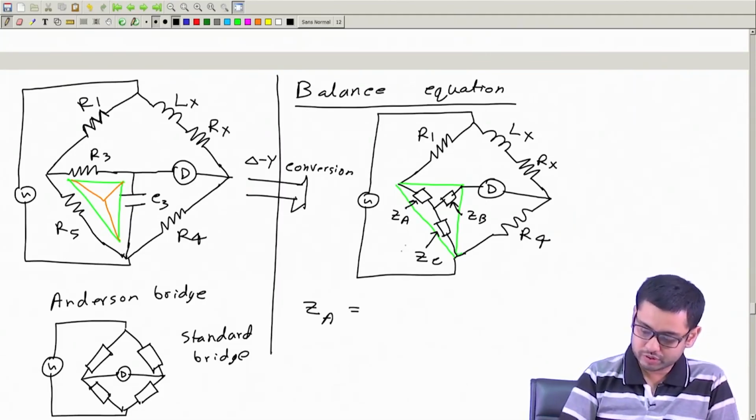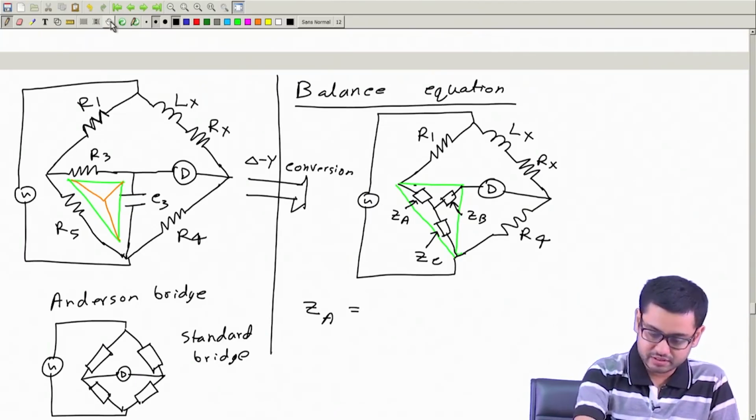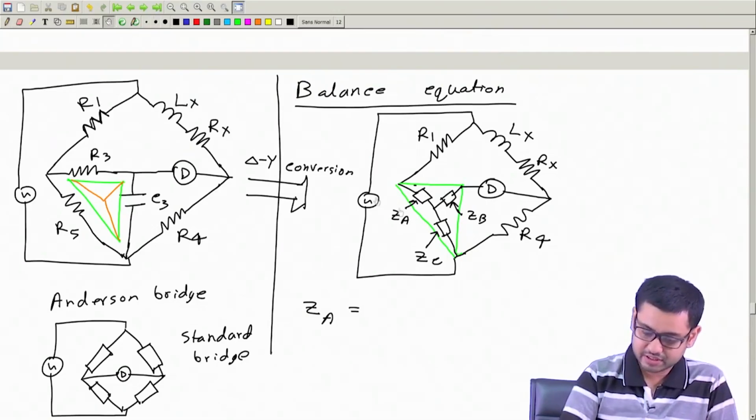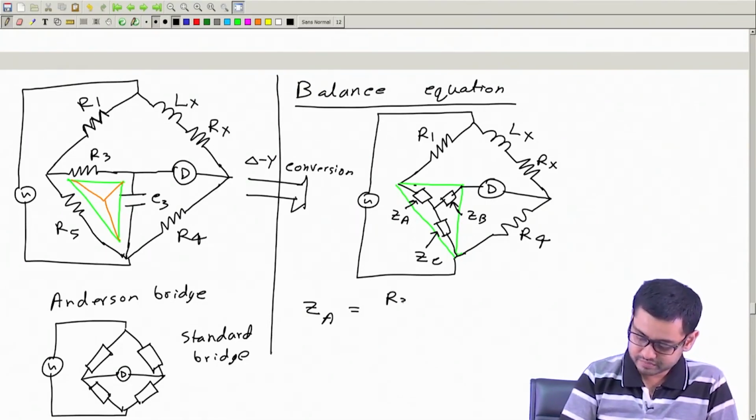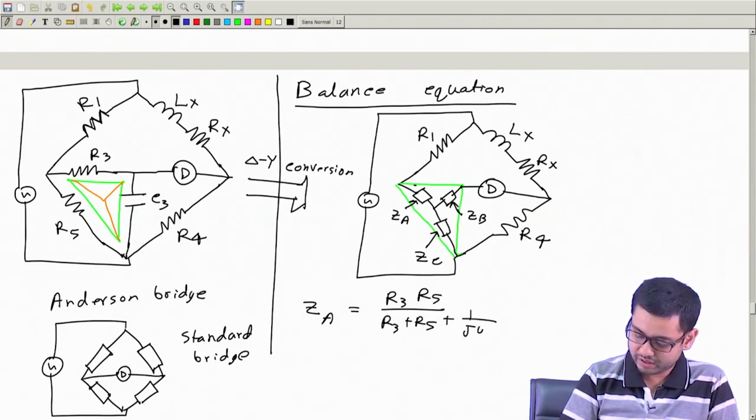Say ZA will be equal to the product of these two, which is R3 R5, divided by the sum of these three, which is R3 plus R5 plus 1 over j omega C3.